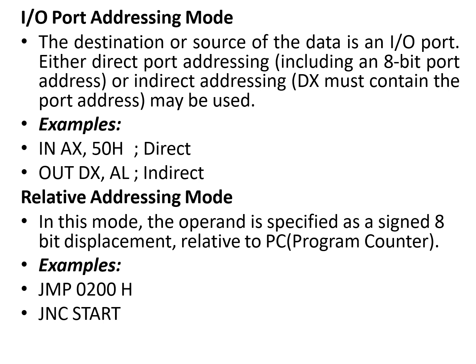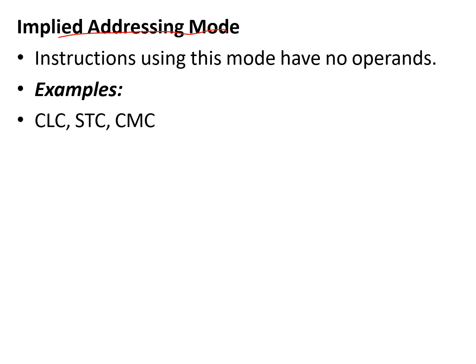The relative addressing mode is, for example, JNC: jump if no carry. It jumps if the carry is not there, to the label given here, Start. Then implied addressing mode: no operands are specified, neither source nor destination operands. The instruction itself does the operation, like clear carry, set carry.